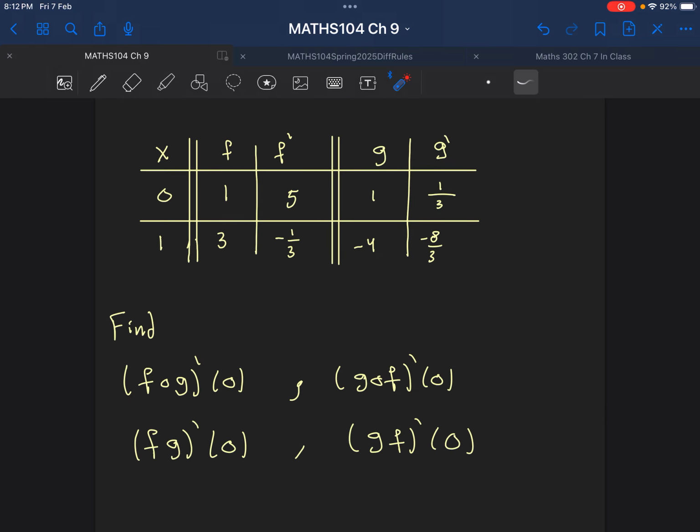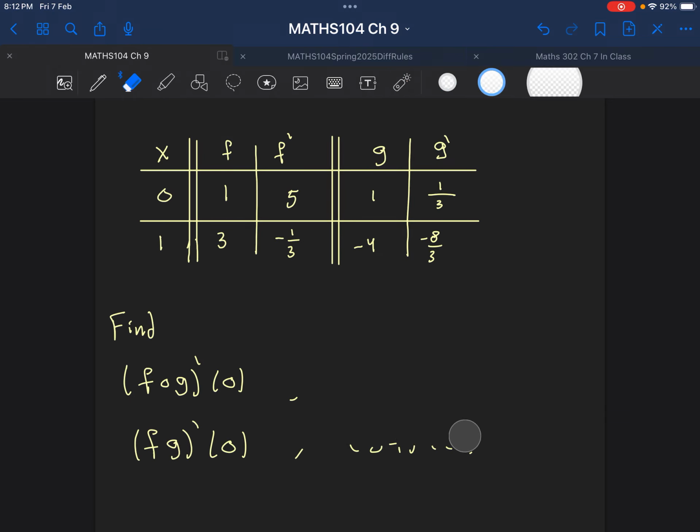So let me just now do the first one. I'll remove all those and let me just find this one.